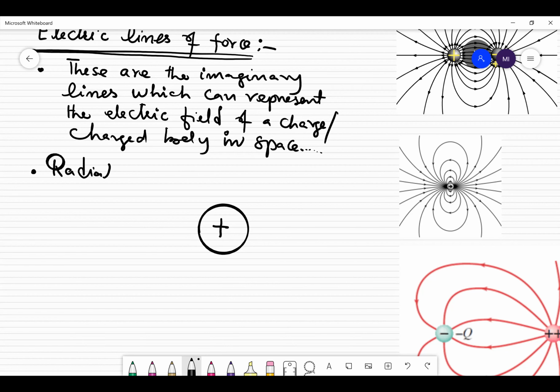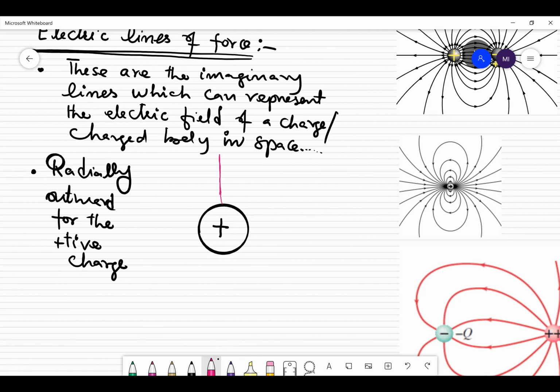What does radially outward mean? Radially outward means making an angle of 90 degrees with the surface of the charged particle, like this.